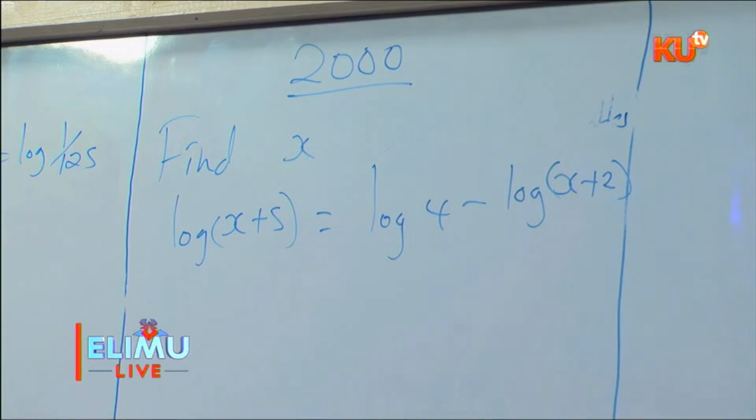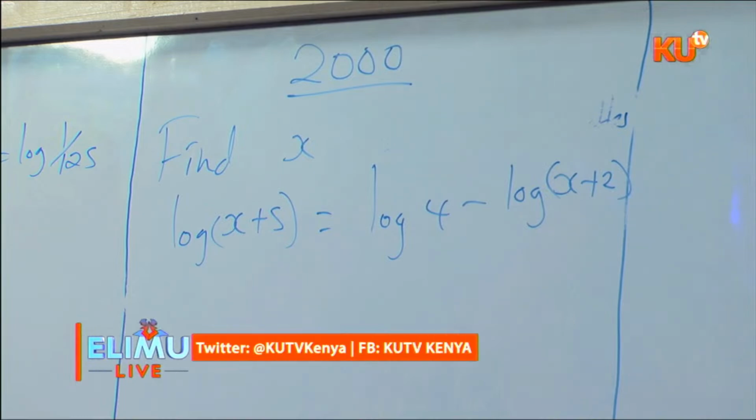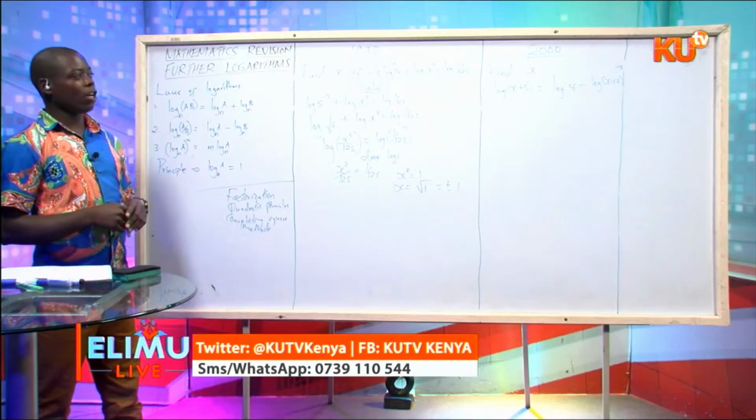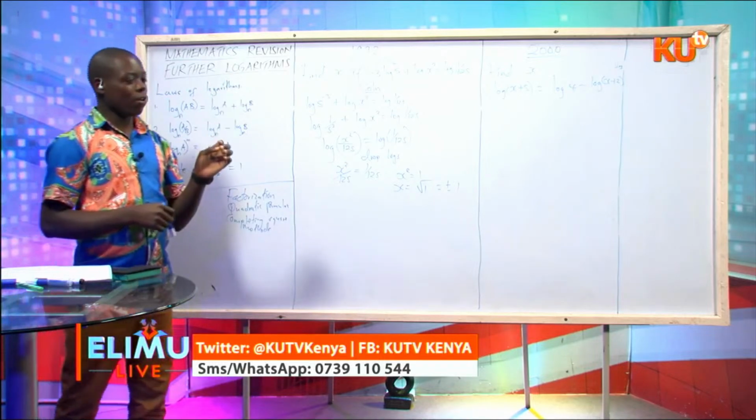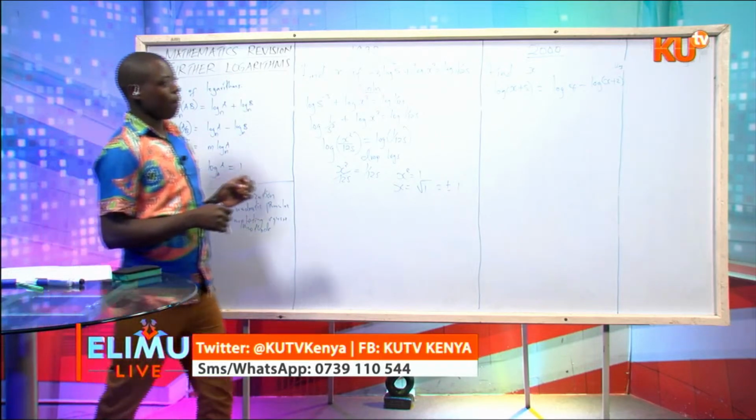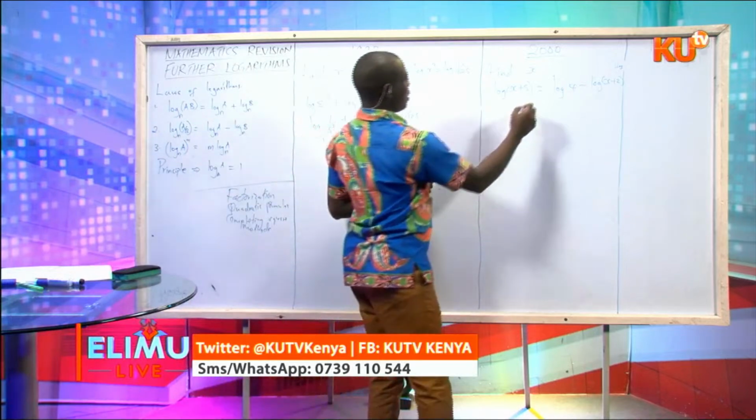Now with the same procedure, I hope some of you have started working out and you should be getting the answer even as we explain. We apply the second law on the right hand side of the equation where there is subtraction, so that we obtain this solution.